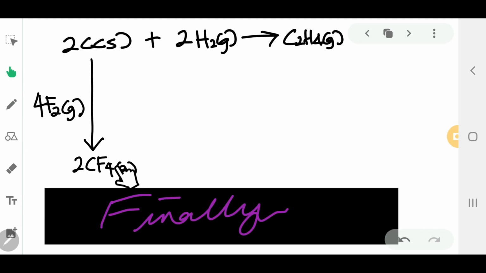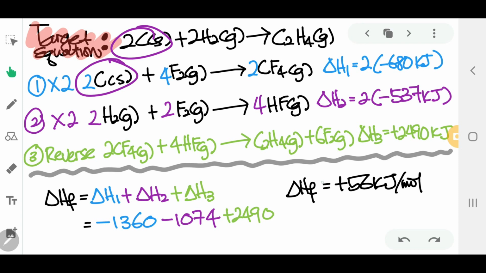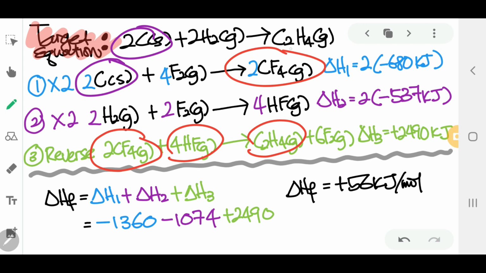Okay, now we're going to try to make a connection between 2CF4 gas with C2H4 gas. Let's see if we can do that. We stopped right here, 2CF4 gas. And when you look there, there's 2CF4 gas on the third reversed thermochemical equation. It will react with 4HF gas, making C2H4 gas, which is the product of the target's equation.